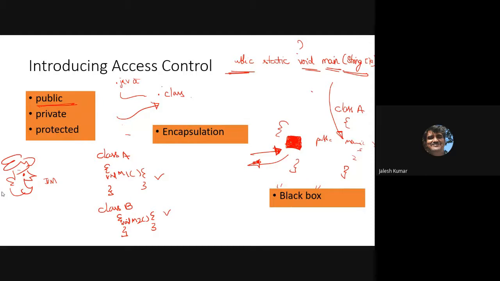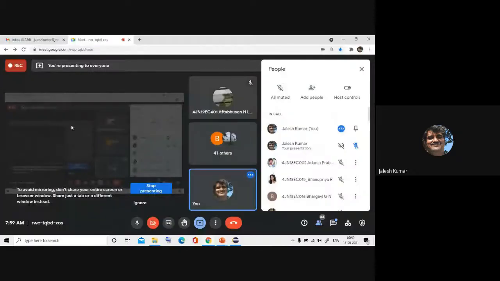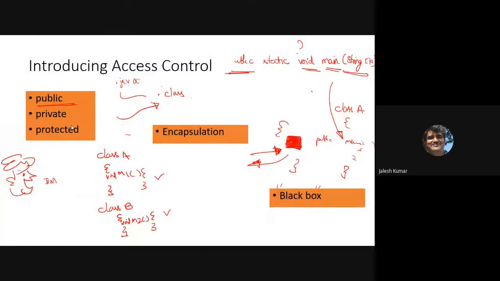Anything to be available outside the class, you have to declare as public. That's why the main method is public. It is invoked from outside the class, so it should have the keyword public. I think it's clear.